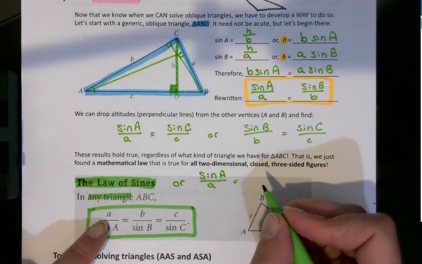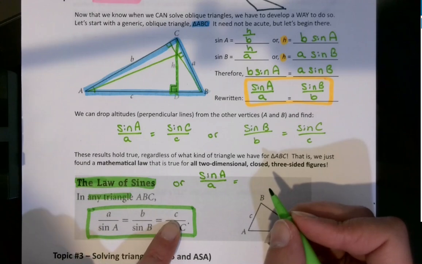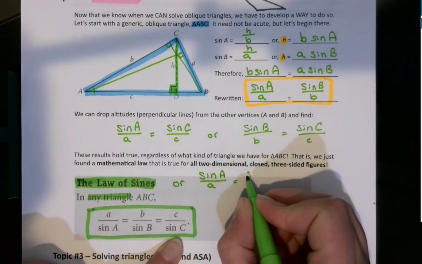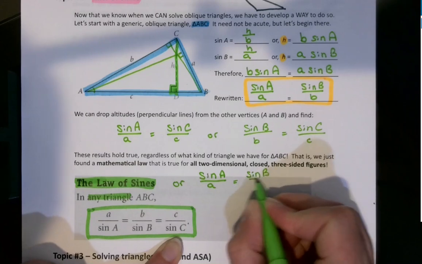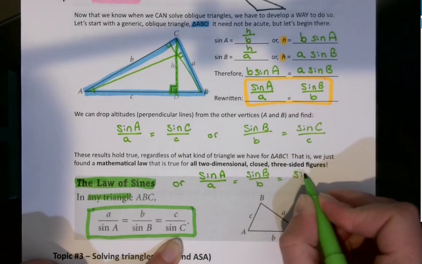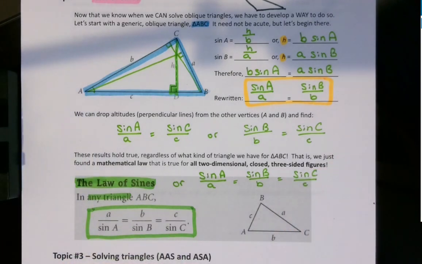So either side a over sine A equals side b over sine B equals side c over sine C, or sine A over side a equals sine B over side b equals sine C over side c. In these cases, again, angles are all using capital letters. Side lengths are all using lowercase letters.